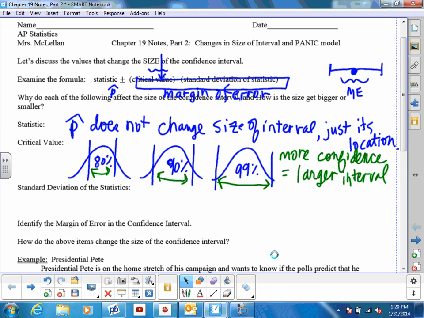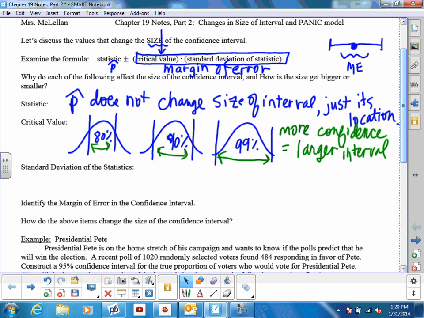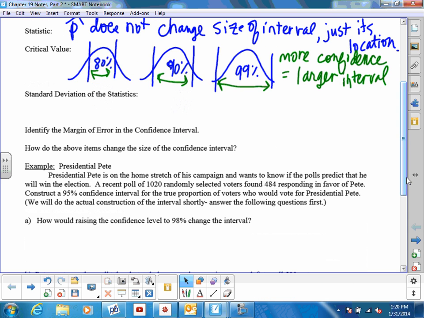All right. To make this thing smaller, we can affect this standard deviation of the statistic. Because if I make this number smaller, then it's going to make this whole product, this whole margin of error smaller, which will make that whisker smaller and the intervals smaller. So I have a way of making the standard deviation smaller.